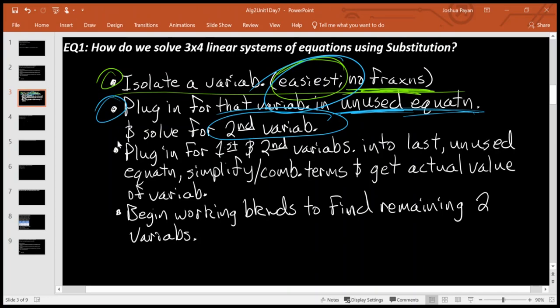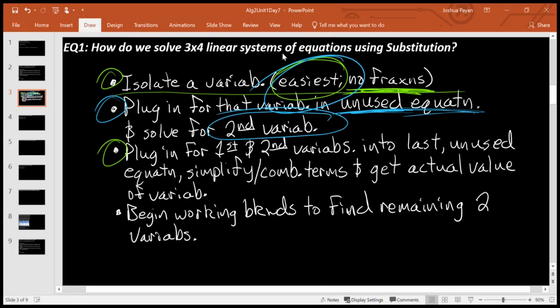Third step, after you found the second variable, is plug in for the first and second variables, the same way you did before, into the last equation that you have not used yet. And then you're going to simplify and combine like terms. At that point, you'll only have one variable in that entire equation after you plug in for the other two, and that's what you'll be solving for.